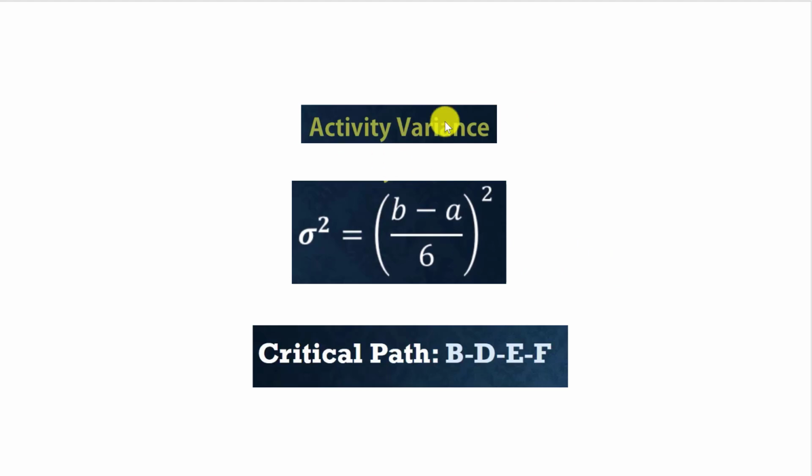We calculate variance only for the critical path or critical activities B, D, E, and F. So again, activity variance equals b minus a divided by 6, squared, for only the critical activities. The critical path here is B, D, E, and F.